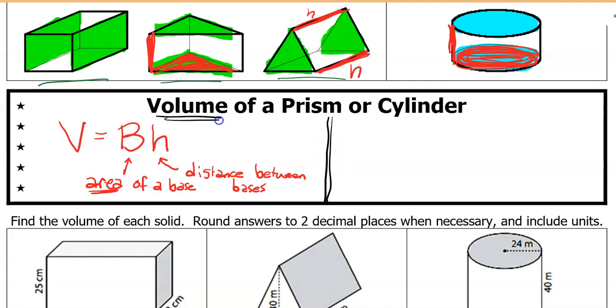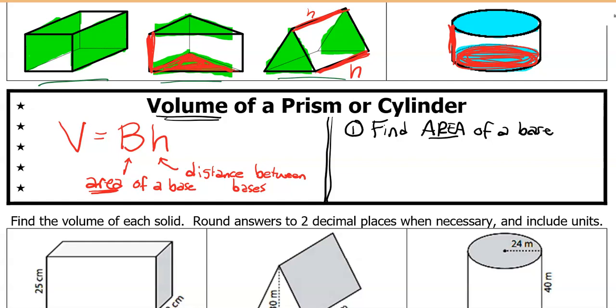If I'm looking for volume of a prism or of a cylinder, or in our next lesson, pyramids and cones, I'm going to think of it in 2 steps. First, it's an area problem. And so that's going to require you to think about what the bases are and whether they are rectangles or triangles or circles or what.